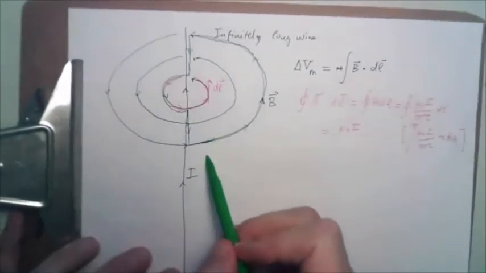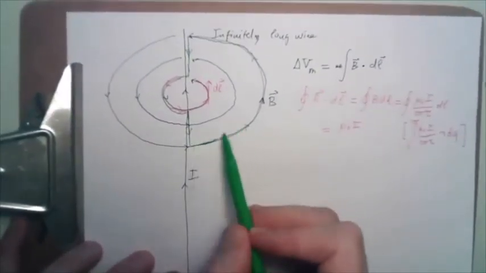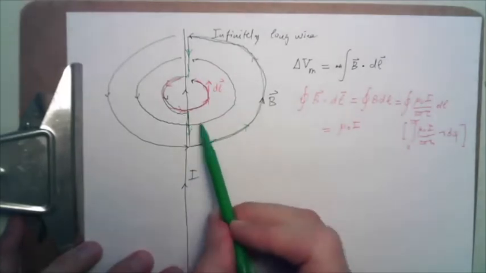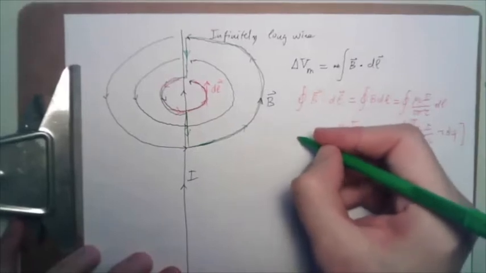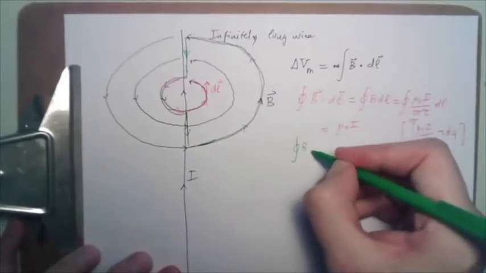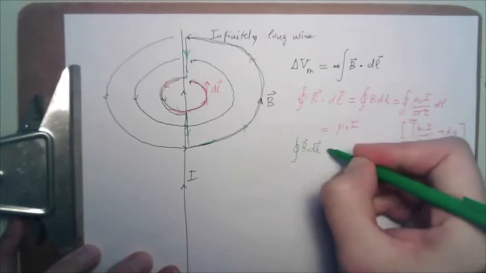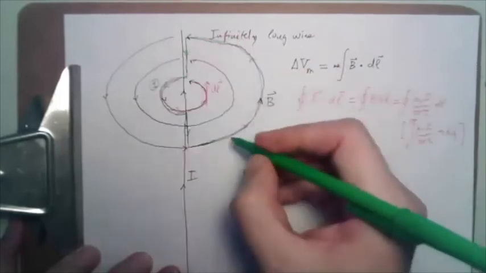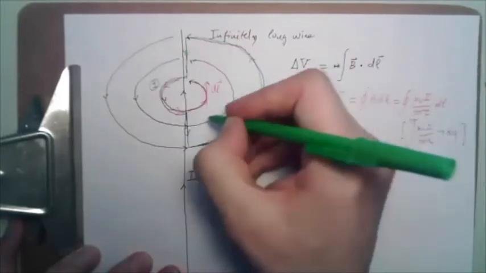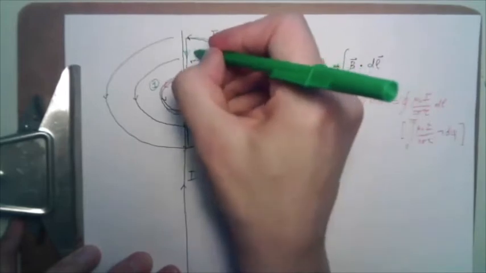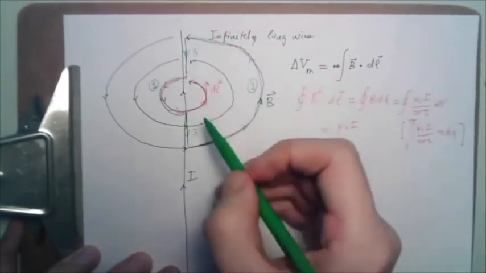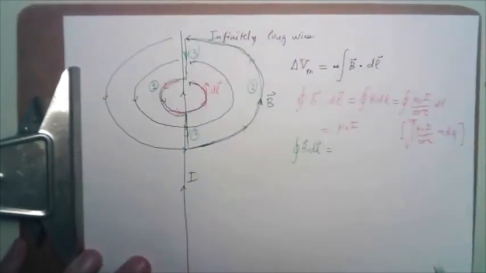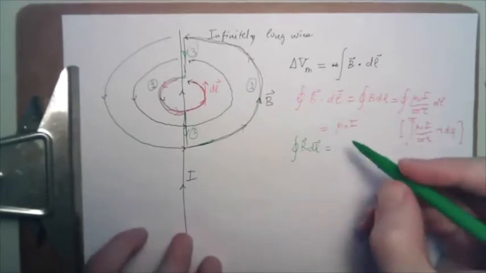Now the line integral of B dot dl over the green path consists of 3 parts, sorry, 4 parts. Let me call them number 1, number 2, number 3, and number 4.